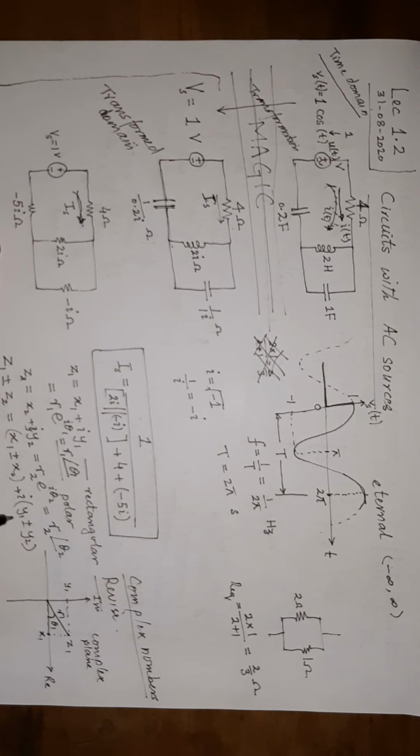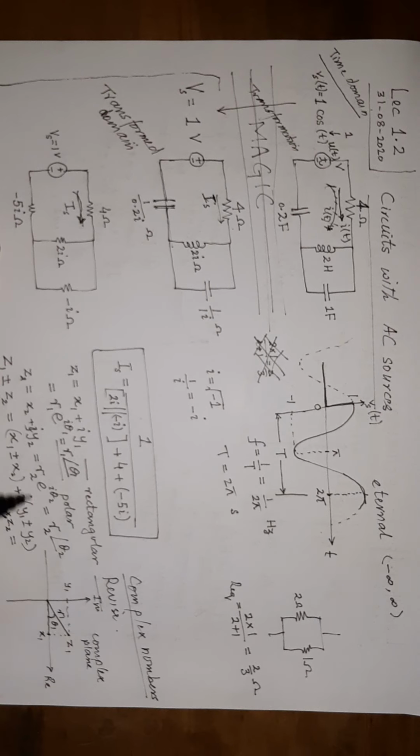And we should also like to revise how complex numbers are multiplied or divided. So Z1 multiplied with Z2 or Z1 divided by Z2 is something that is easier done in the polar form than in the rectangular form.